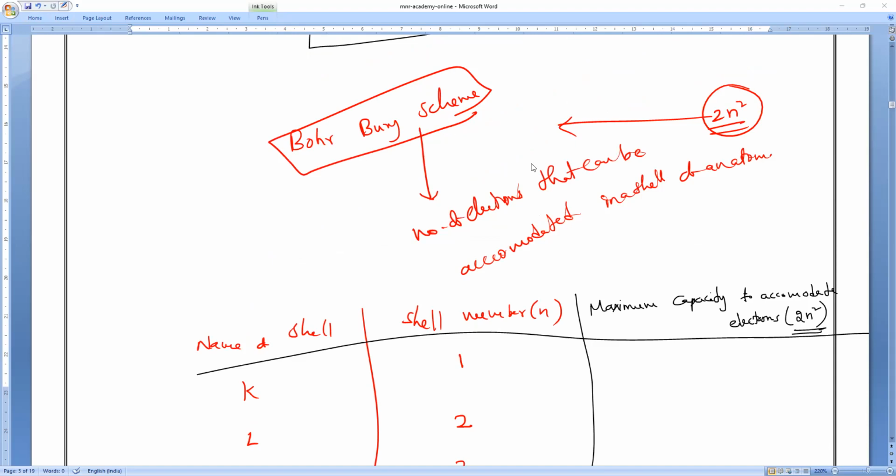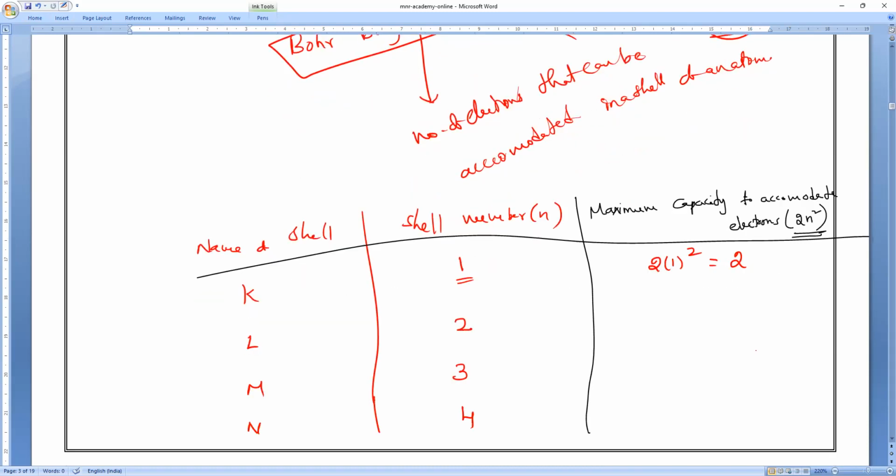Now K is n equals 1. So 2 into 1 square equals 2. Next, 2 into 2 square, which is 2 into 4, equals 8. Next, 2 into 3 square, which is 2 into 9, equals 18.